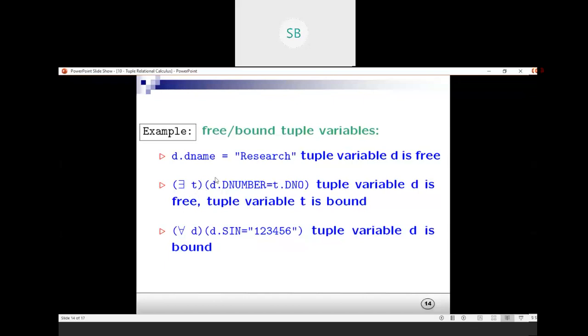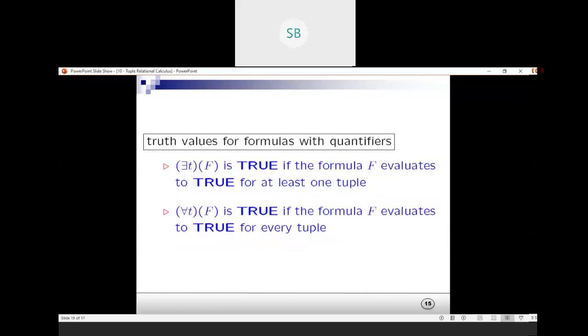That is why d is free, but t is bound. And here we are using a quantifier with the variable d. In this case, this d is a bound variable. Now clear, Prashant? Yes, clear, ma'am.